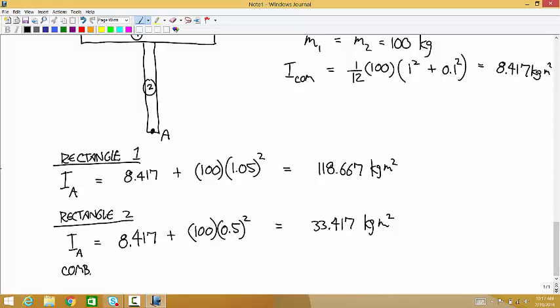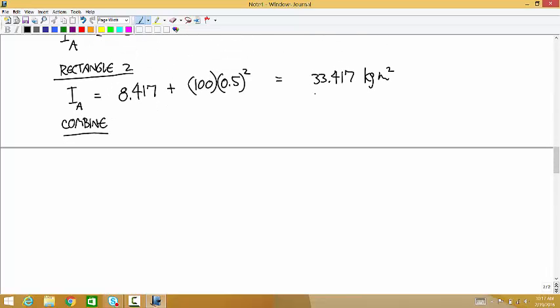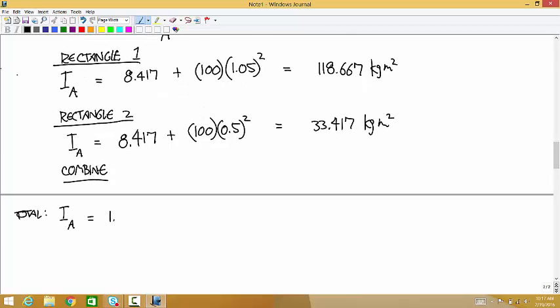And now we can add those because we have the moments of inertia for both of them about the same axis. You can't add them until you've calculated that about the same axis. So the total moment of inertia about A is 118.667 plus 33.417.